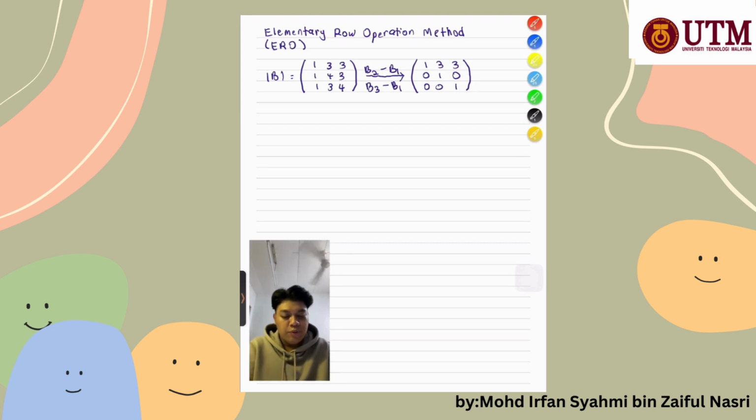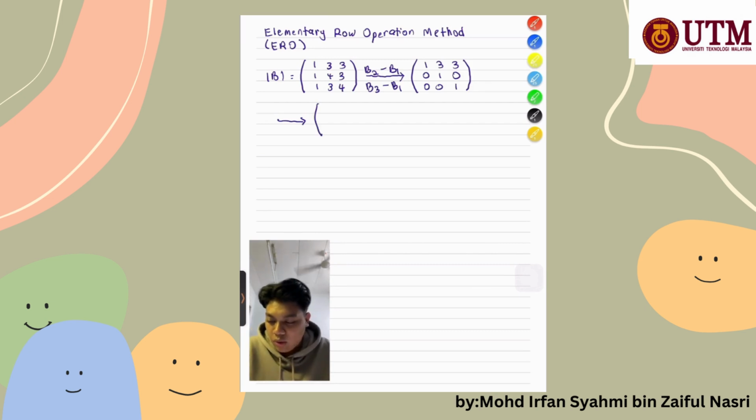After we get this, we must go to the first row. After the 1, we must have 0, but here we have 3. So we need to find a way to turn it into 0.